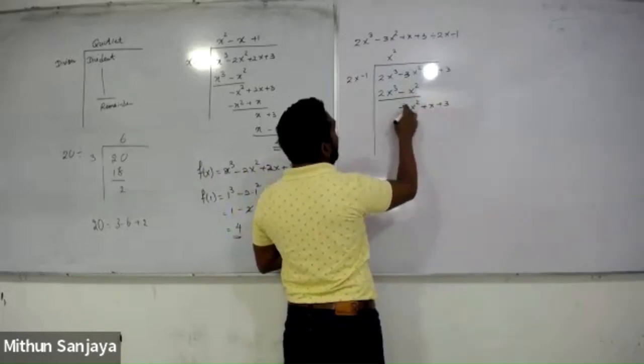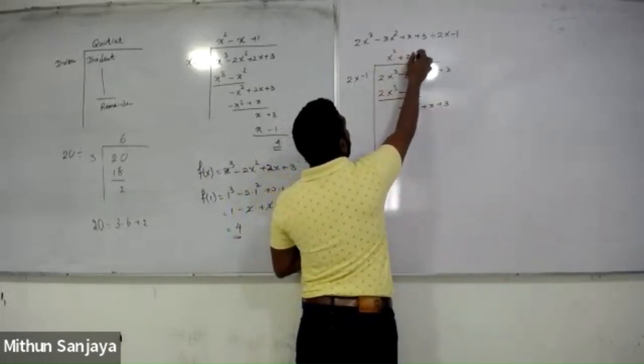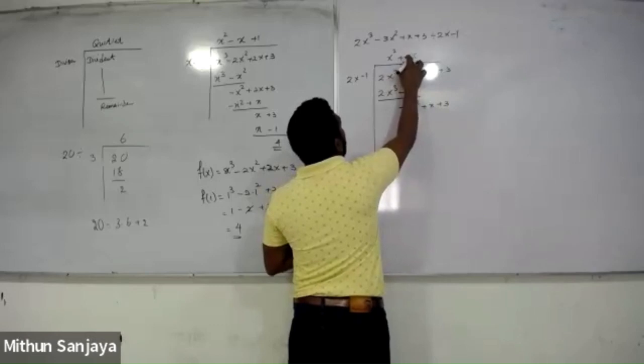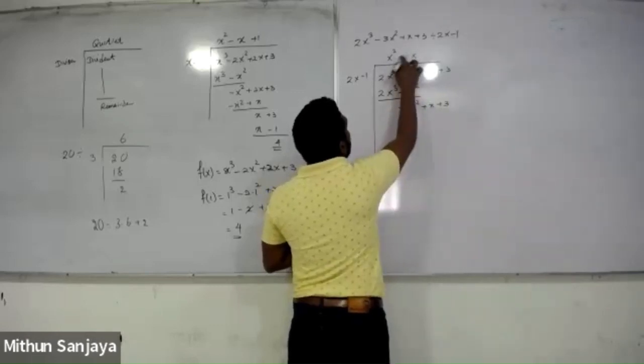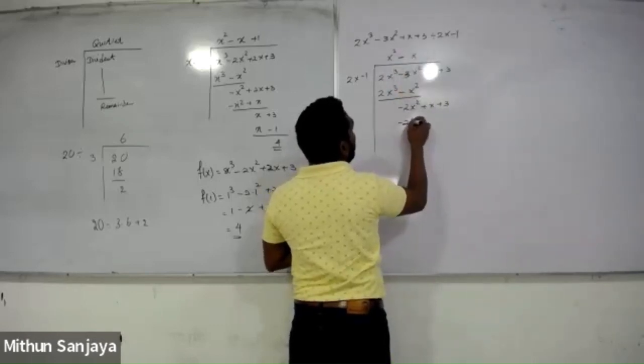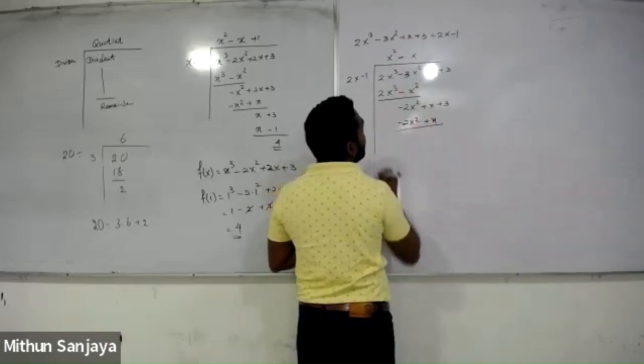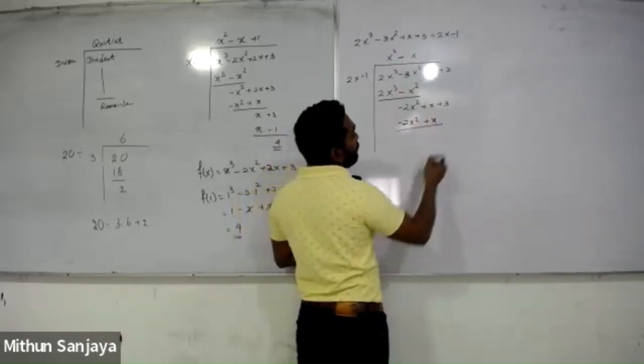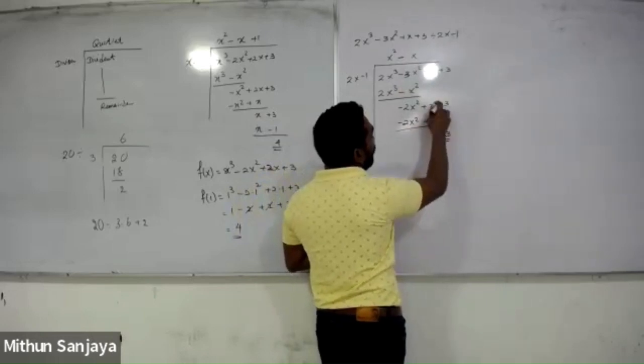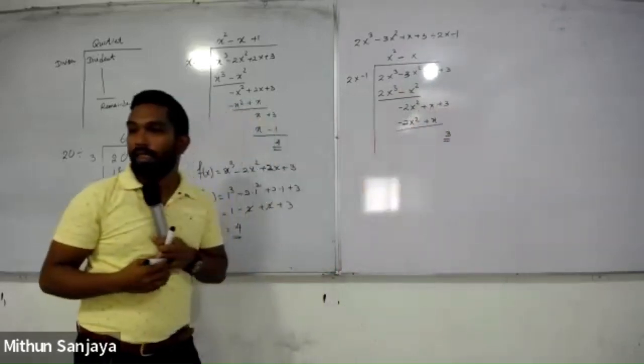Now minus 2x squared divided by 2x is minus x. Then subtracting again, we get 2x plus 3 minus 2x, and the answer, the remainder, is 3.